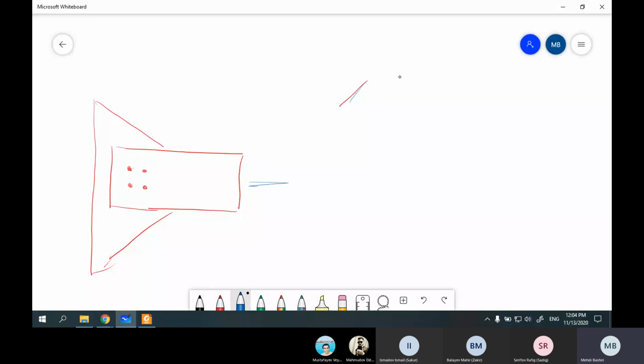This is the load. How was the failure? Mode 1, for example. Mode 1 was like this.